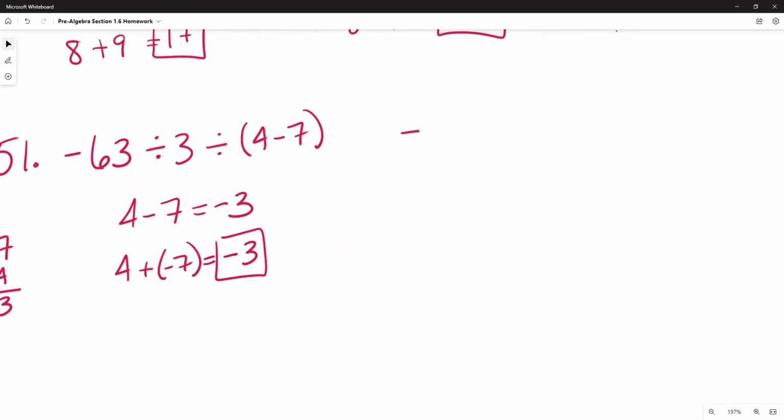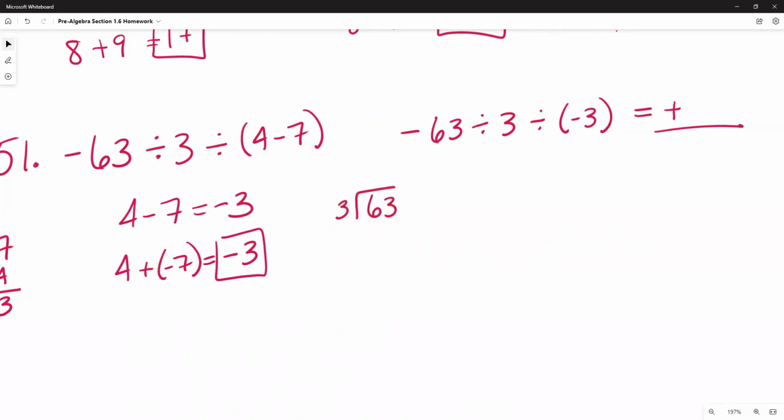So I'm going to rewrite that now. That's negative 63 divided by 3 divided by negative 3. Right, our answer is going to be positive, so I'm just going to ignore my negatives. So 63 divided by 3. 3 goes into 6. How many times?